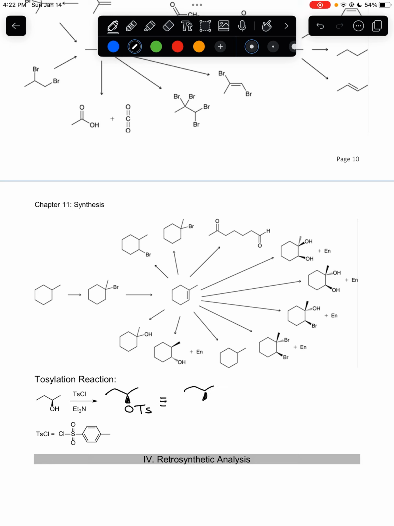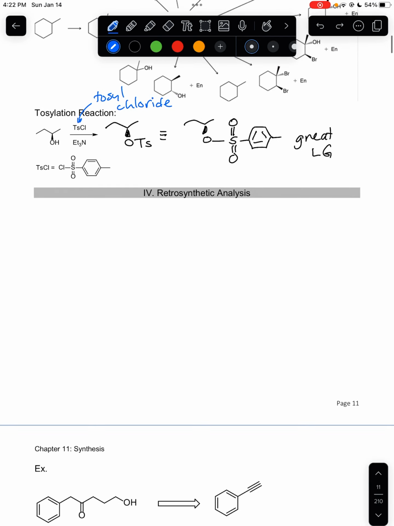You still do need to know the structure of these. Tosylate looks like that. Remember, this is a great leaving group, and that's why you make them. The way you do that is with a reagent called tosyl chloride and triethylamine. It looks like that. So that's something I want you to know at this point.